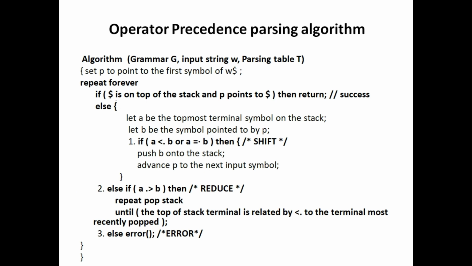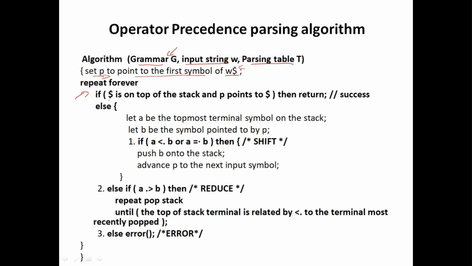Fine. Now, how does the operator precedence parsing algorithm work? Input for this algorithm was the grammar, the input string w, and the parsing table. We are going to set P to point to the first symbol of w, that is, the input string concatenated with dollar. Now we have to repeat forever.